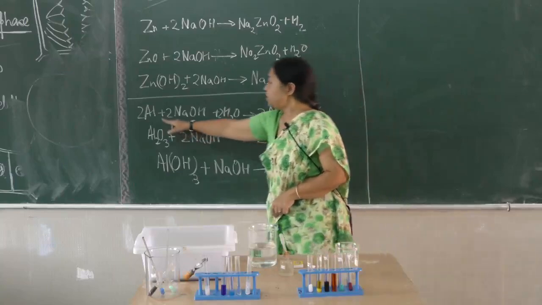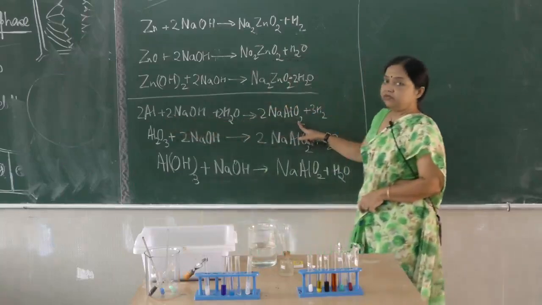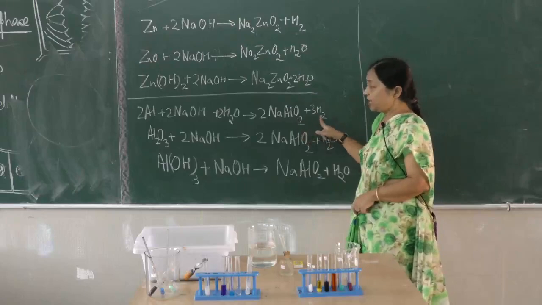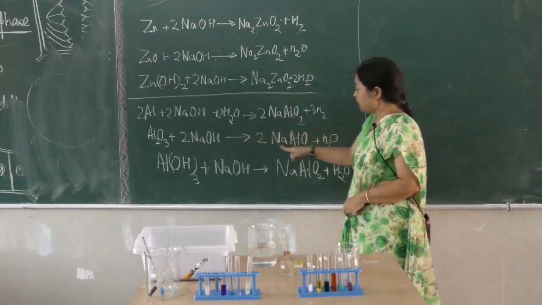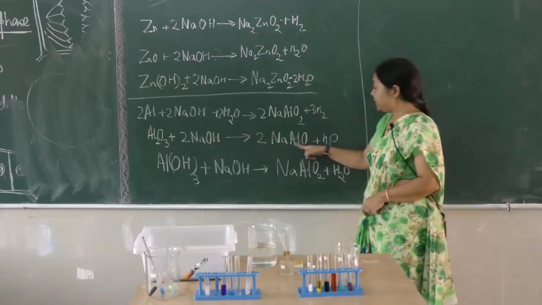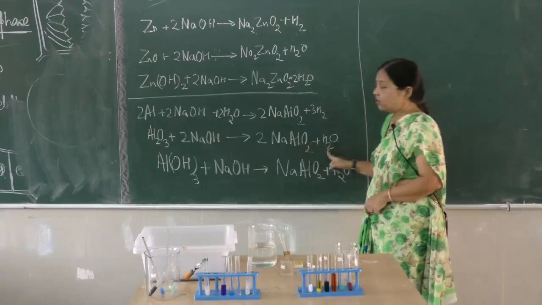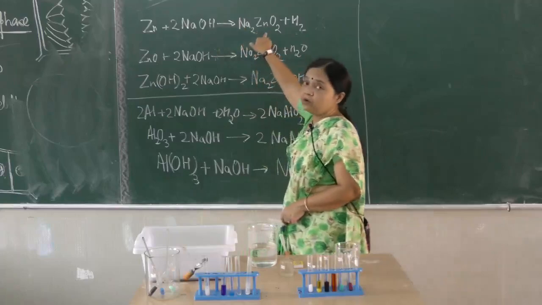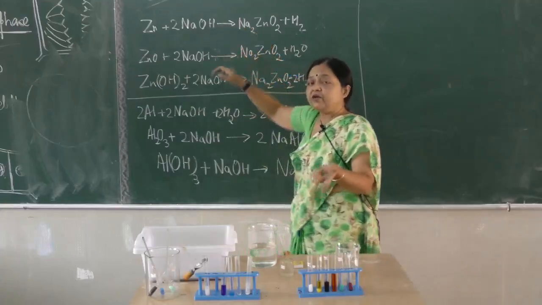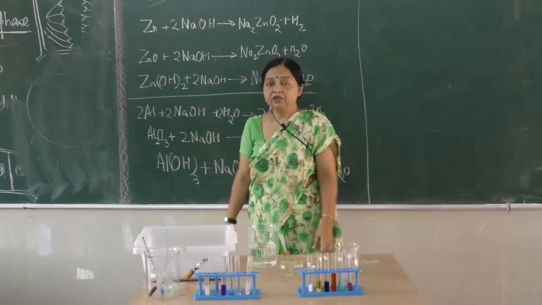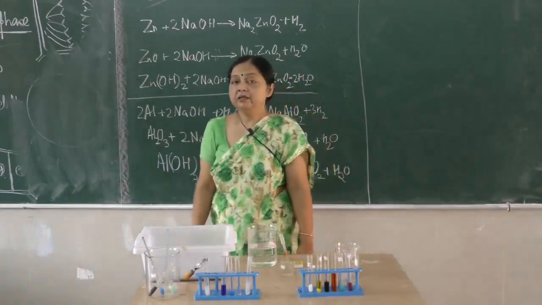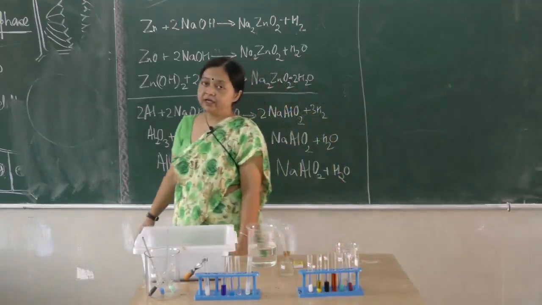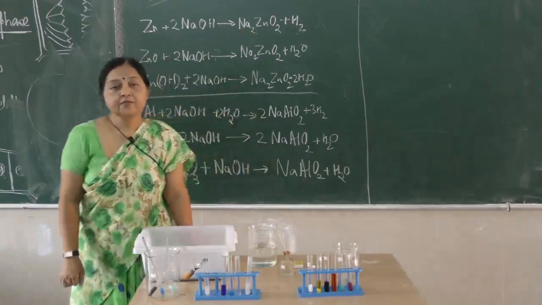Similarly with aluminium, sodium meta-aluminate is formed and hydrogen is displaced. Aluminium oxide forms the same sodium meta-aluminate and water. Here also the same. With lead you get Na2PbO2. Sodium zincate is here, with lead you will get sodium plumbate. So these are called amphoteric metal oxides or amphoteric metal hydroxides.